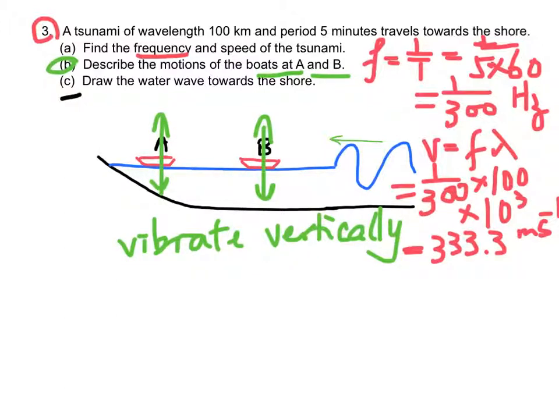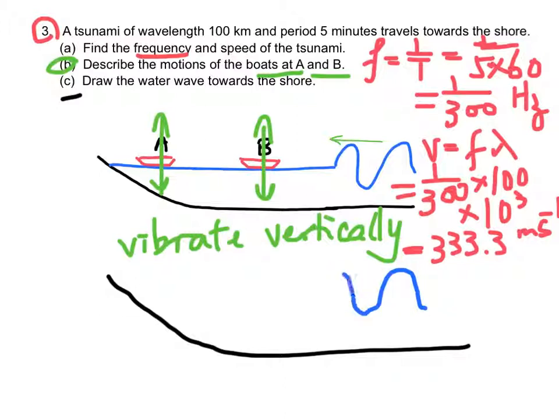For part C, the water wave traveling towards the shore initially has constant wavelength. When the water depth decreases, the wavelength of the wave decreases.